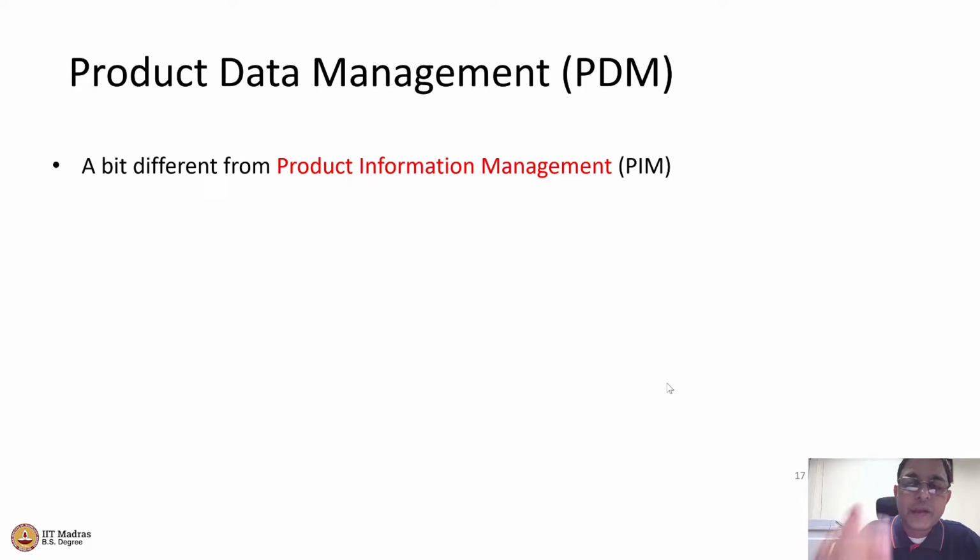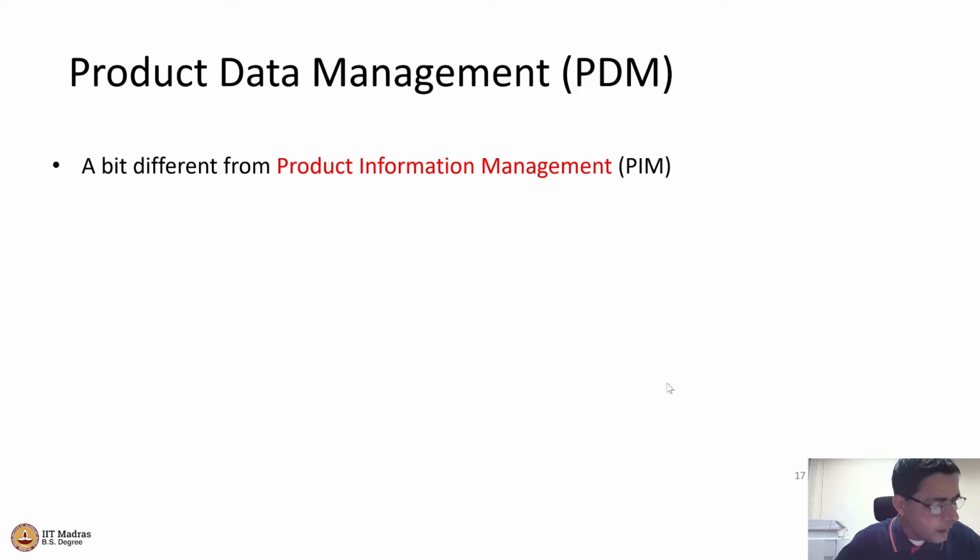So PDM is a little different from PIM. PIM you can think of as mainly a marketing tool which has more customer facing information, whereas PDM has more internal design, manufacturing and engineering related data about the product.